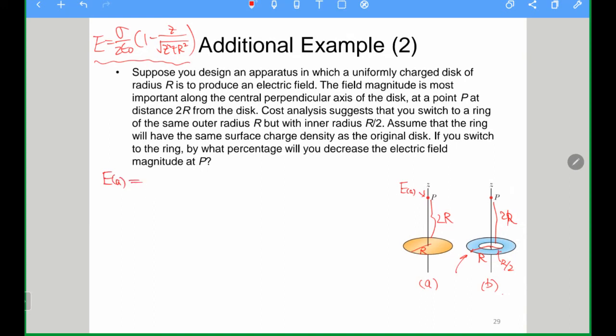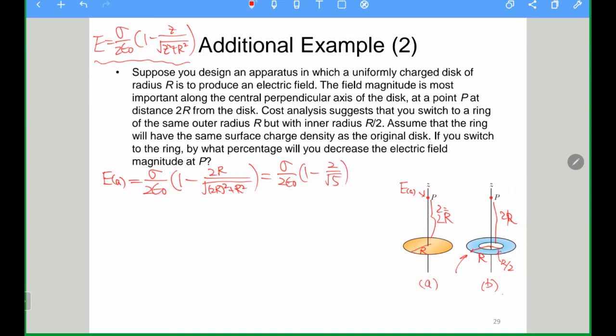So we simply substitute the values: sigma over 2 epsilon naught, times 1 minus, here z equals 2R, so we have 2R over square root of (2R) squared plus R squared. All the R can be cancelled, and we have sigma over 2 epsilon naught times 1 minus 2 over square root of 5.